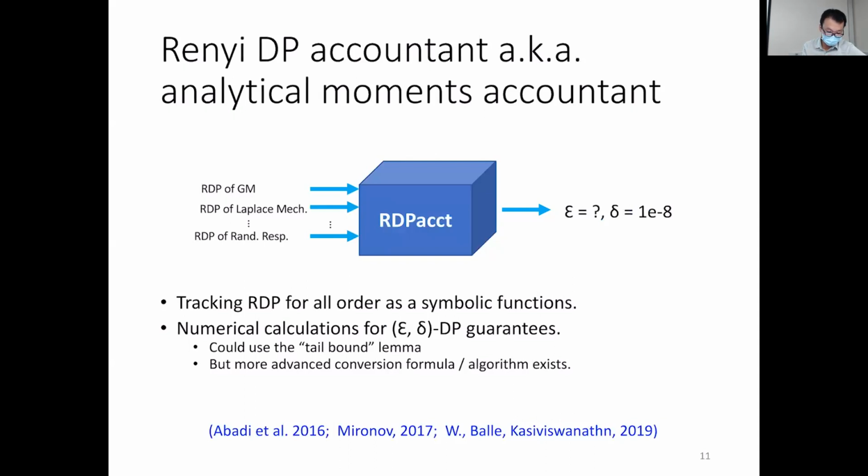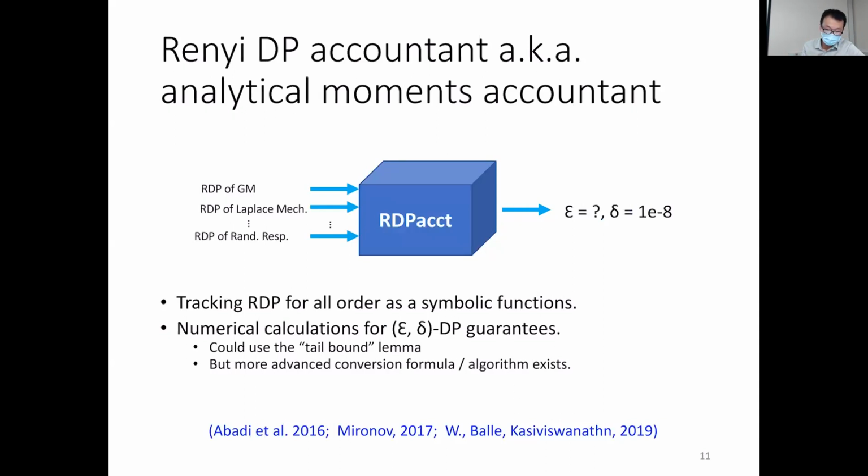what makes things better is that we don't need to know the right alpha parameter to choose ahead of time. We can use symbolic functions, like lambda functions in Python, that take an input alpha, and then simply add those symbolic functions together.